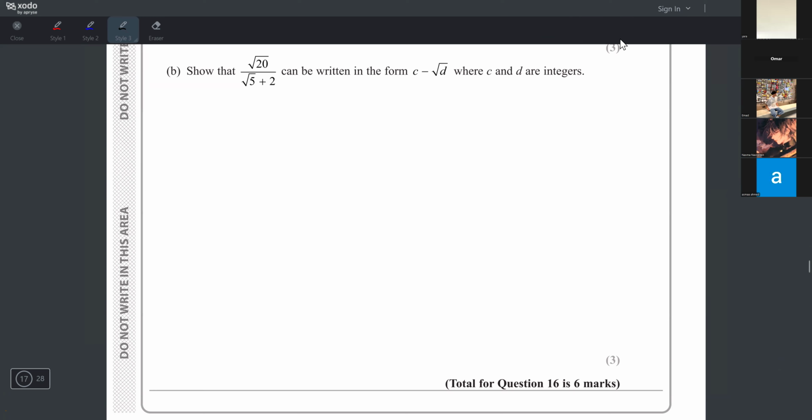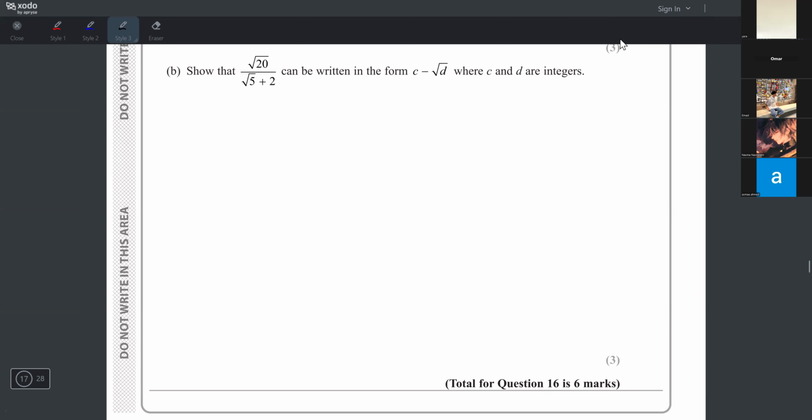Rationalize root 20 over root 5 plus 2. My first question, Nisma: can we simplify root 20? I think so. Yes, we can.